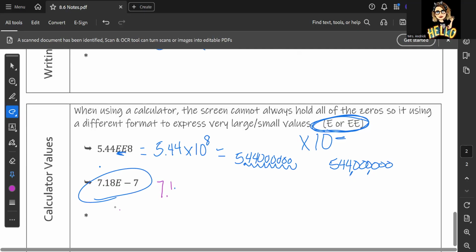Okay, so hopefully you did 7.18 times 10 to the negative 7th. And that means you move it 7 times. So you should have 0.6 zeros, 718. Okay, those are the notes.